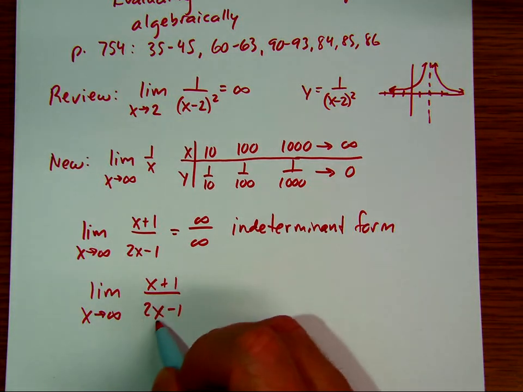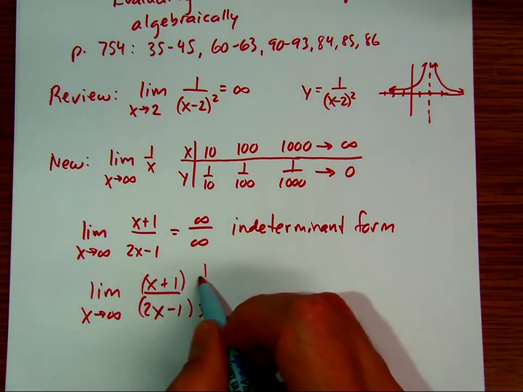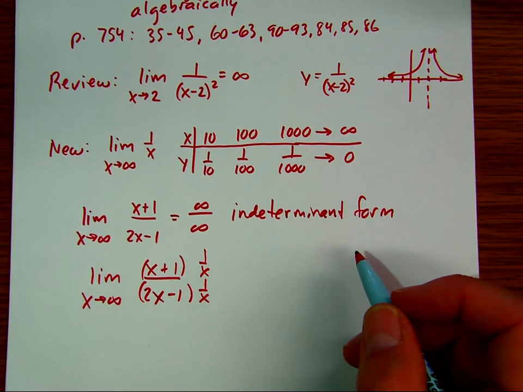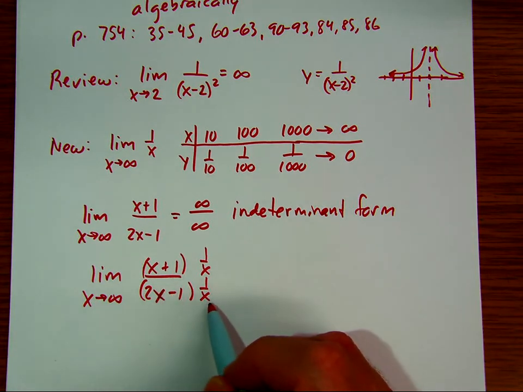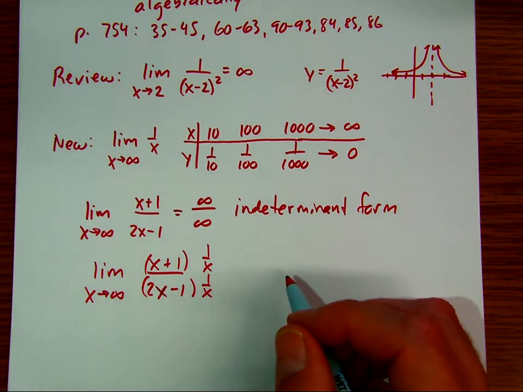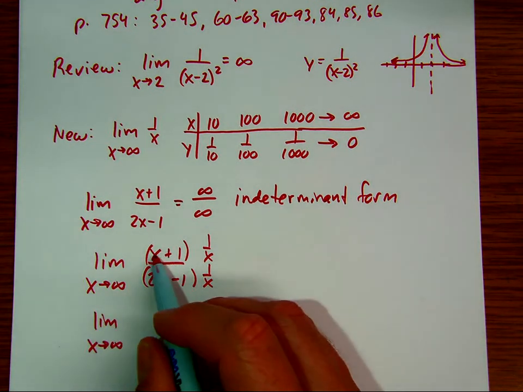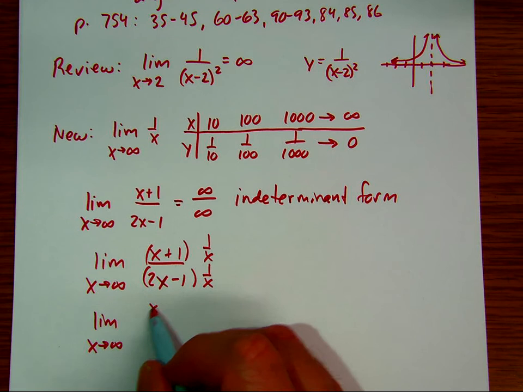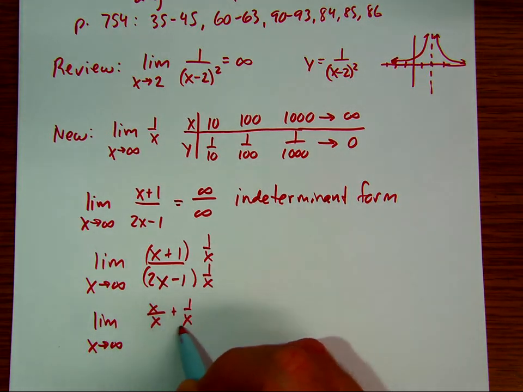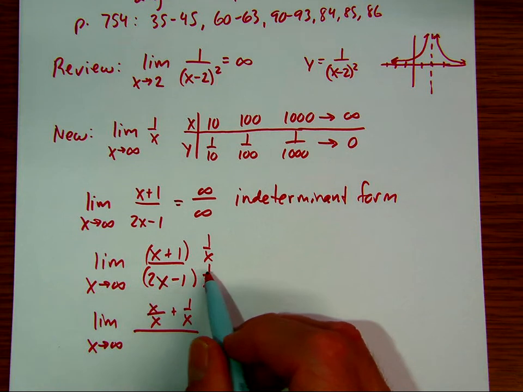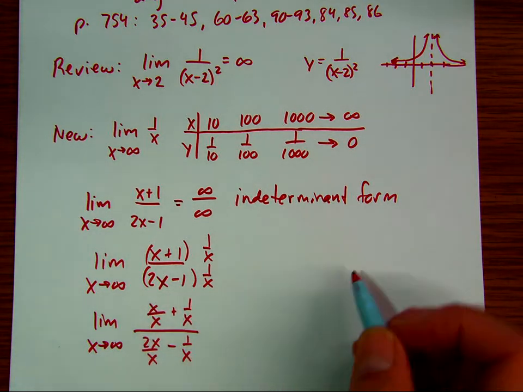So we look at the denominator, degree 1, and we'll just multiply numerator and denominator by 1 over x, because that's the highest degree, x to the 1. So we multiply by 1 over x to the 1, and we get x times 1 over x, 1 times 1 over x, 2x times 1 over x, and then negative 1 over x.